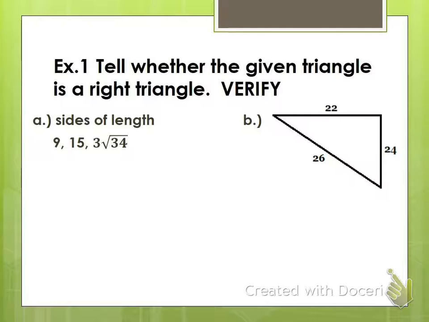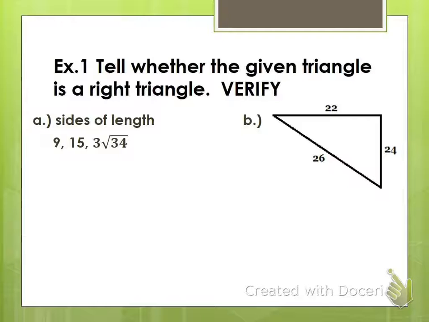Now, for letter B, that's easy. For letter A, it might not be as clear because you might not know off the top of your head the decimal approximation of 3 root 34. So before you get started, you might want to type in 3 root 34 just to get a decimal approximation to know where that compares to the other lengths.